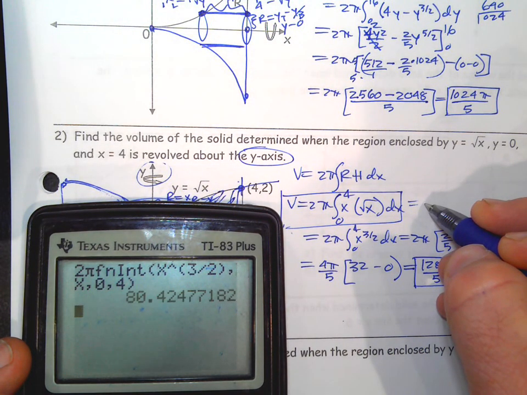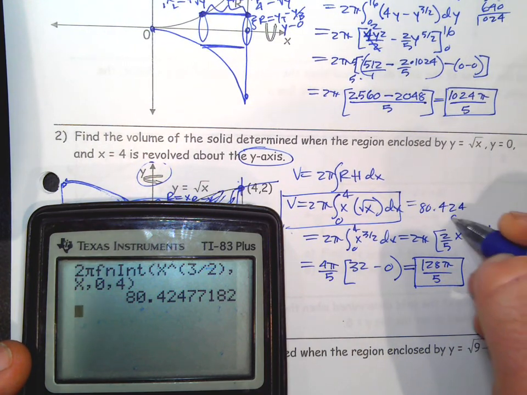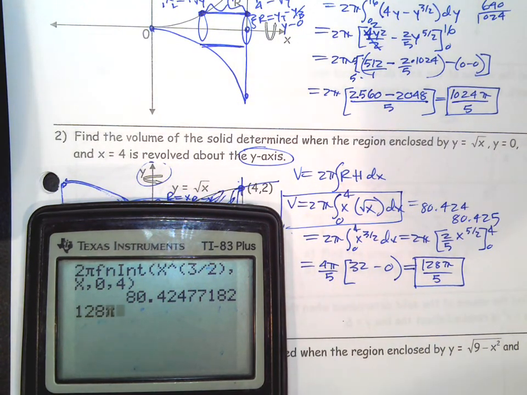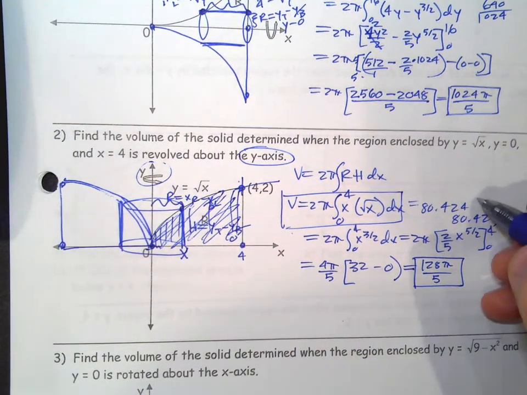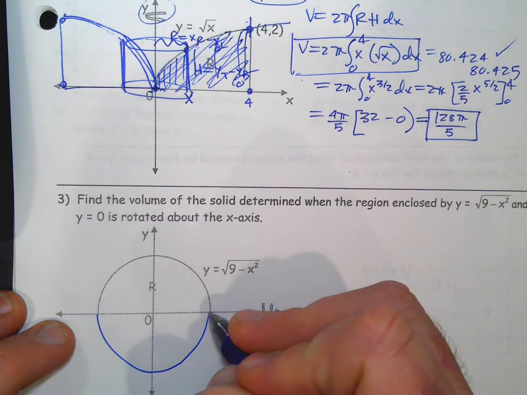And we get 80.424 or 80.425, and 128 pi divided by 5 is the same thing. So we're good.